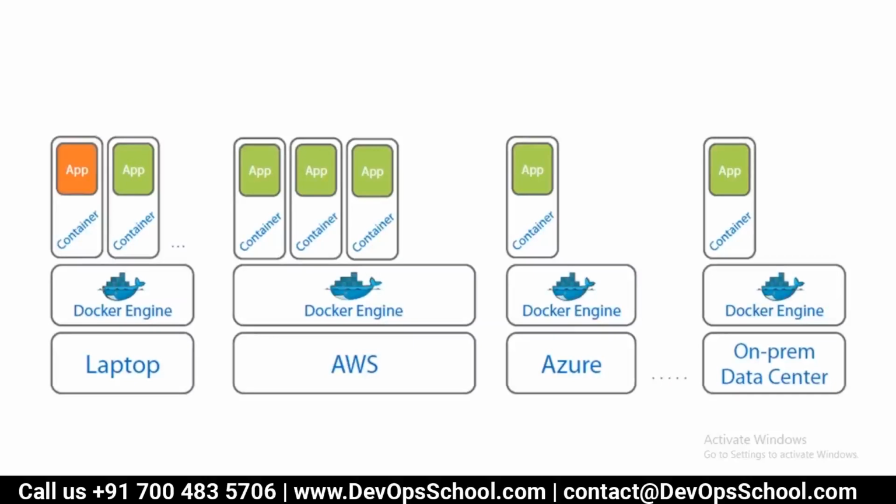Docker is the tool which works with the kernel to make it possible. The Docker engine can run anywhere you have a kernel. Simple. It can be on a laptop, AWS, Azure, on-premises, data centers, or anywhere. So you can create a container basically anywhere you have a kernel.